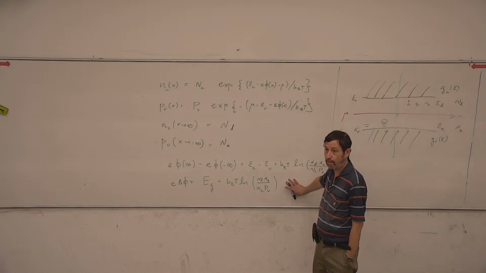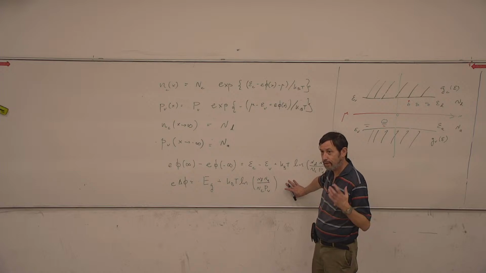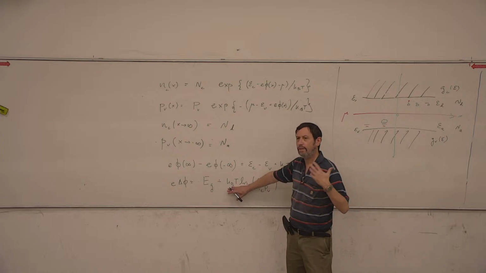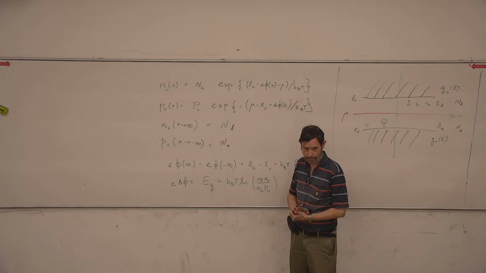Why can I forget about it, really? The number of impurities is very small. Let's look even for a moment at T close to 0. So it's just Eg for very small temperatures, right?